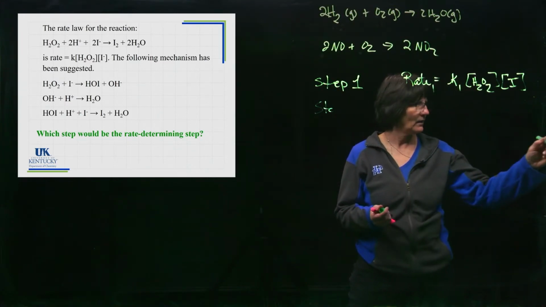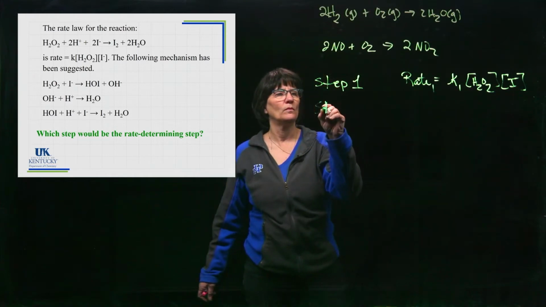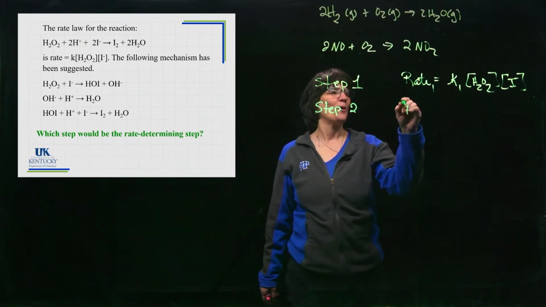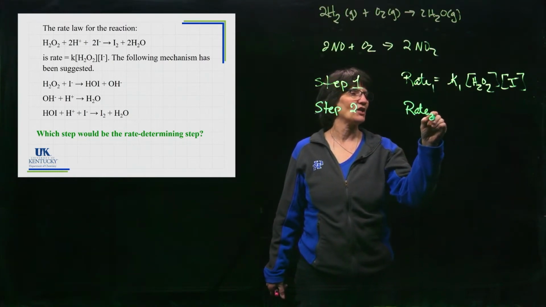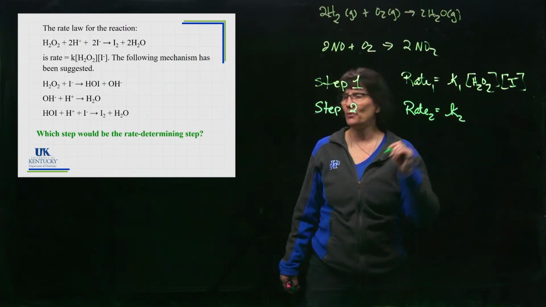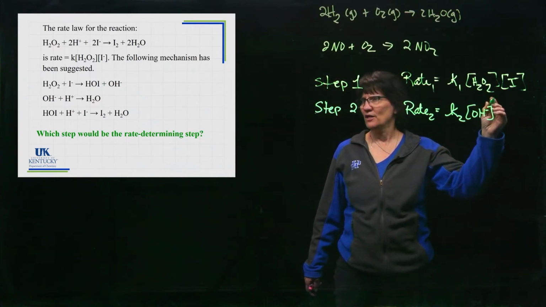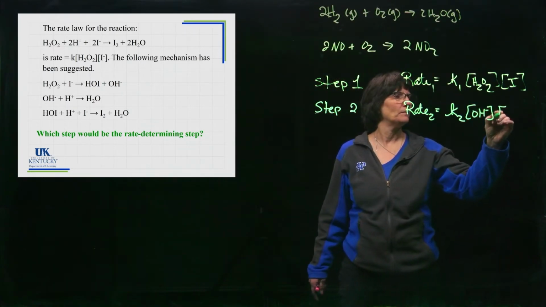I like this one. Okay, so step 2. Rate for the second reaction is its rate constant, so I'll put a little 2 there, times OH minus times H plus.